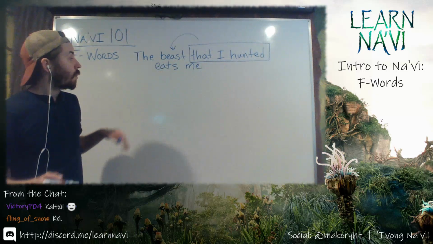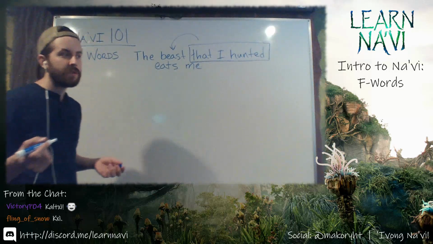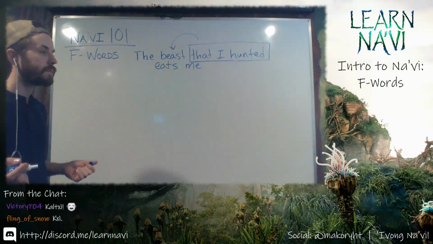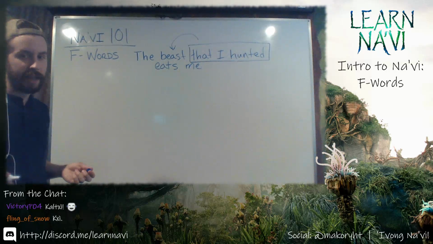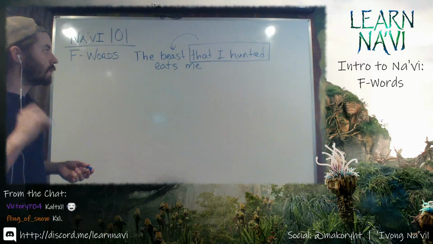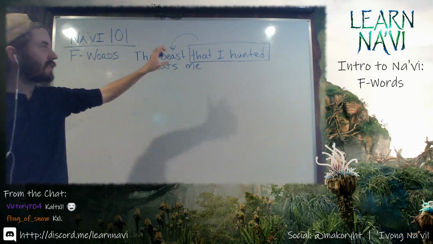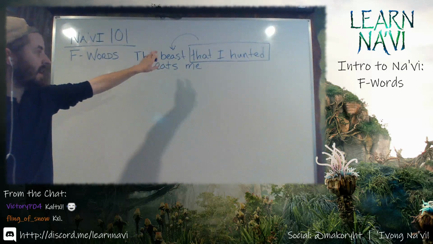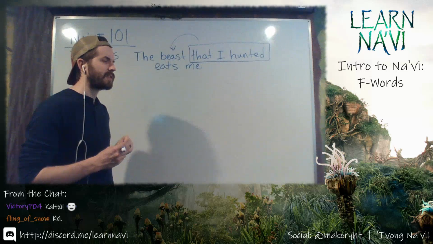So what this looks like in Nafi is we're going to use the attributive particle a in order to translate or to ascribe this phrase to our noun, the beast. Okay, and I realize now I'm not starting with the F words.